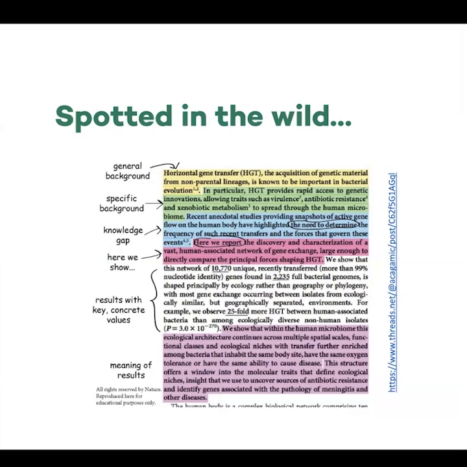Here we show, and then, I think that's still only 2 sentences, but 2 very long sentences that are very crunchy with detail. Results with key concrete values, and then lastly, the meaning of the results, or alternatively, you could do the future implications of the results in that section.